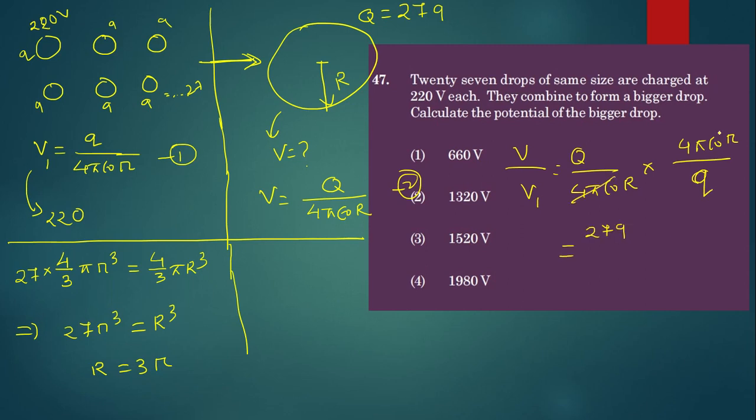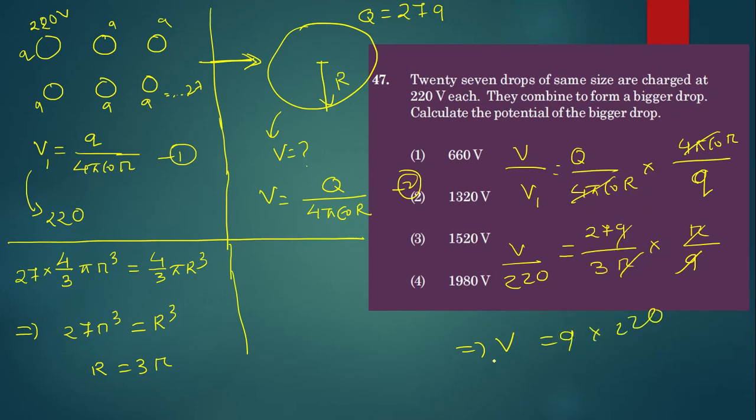This portion will be cancelled. This is 3 times r multiplied by q, and this is r. V divided by 220 will be equal to 9, as q cancels. So V will be equal to 9 multiplied by 220, which is equal to 1980. So option 4 is the correct answer. Let's move on.